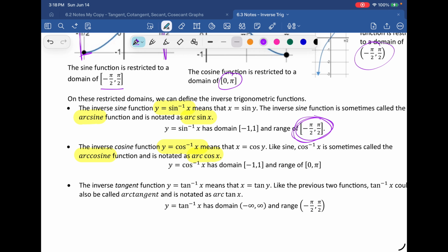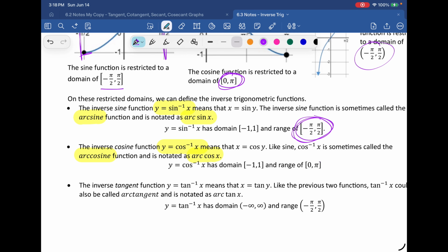If the domain of the cosine is restricted 0 to pi, the range of inverse cosine is 0 to pi. And then last is tangent, which we can notate as inverse tangent or arctangent, written as arctan. It has answers between negative pi over 2 and positive pi over 2.